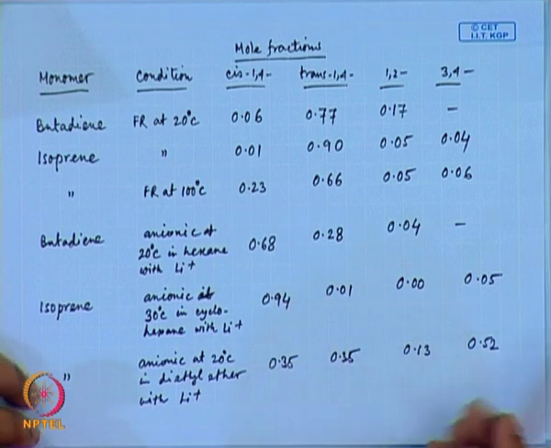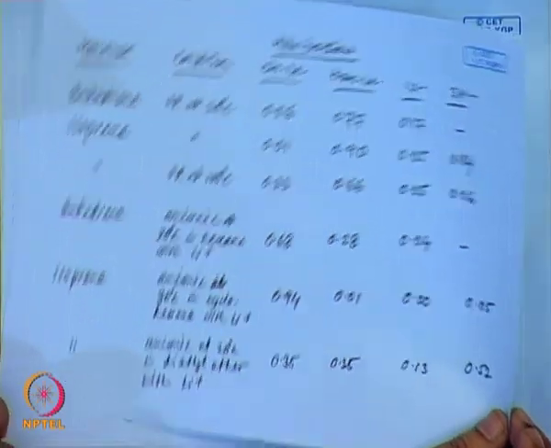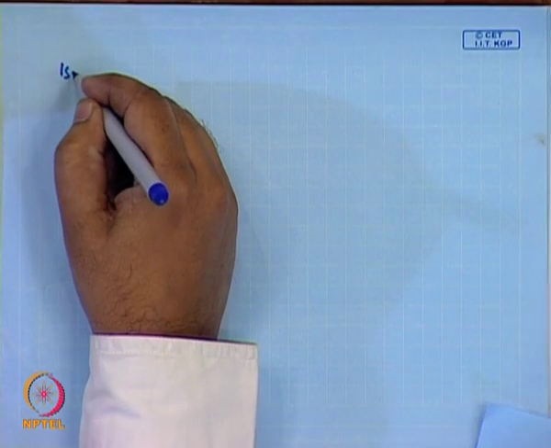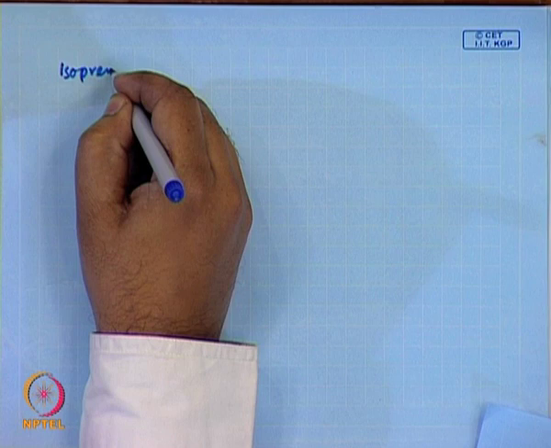Now, what happens in case of ionic polymerization of butadiene. So, let us again take the example of, say, isoprene.